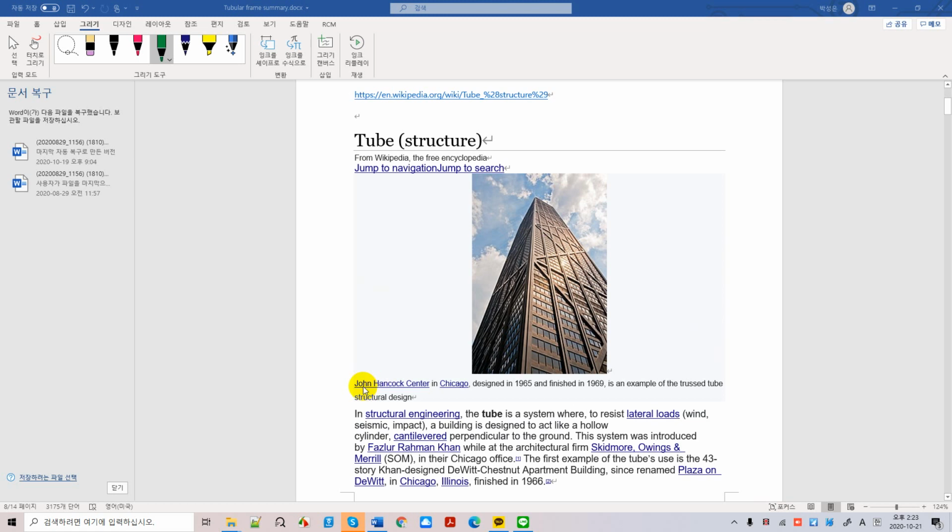This is another tubular building called John Hancock Center in Chicago as well, designed in 1965 and finished in 1969. And this is a beautiful building constructed of tubular structures.